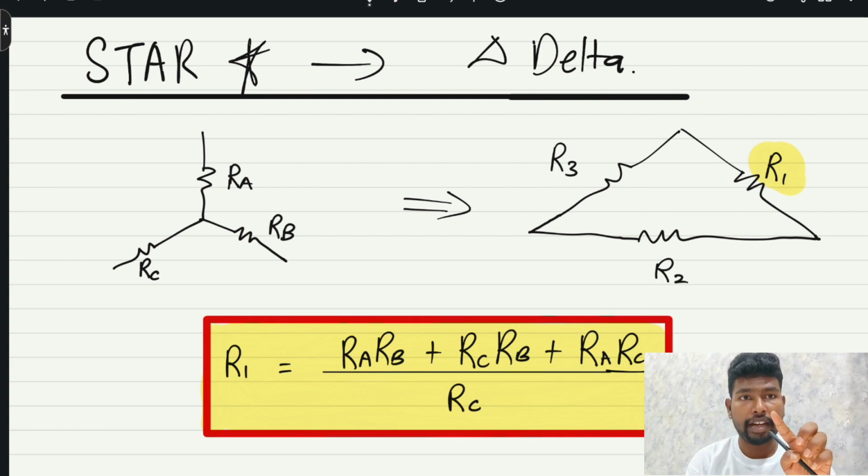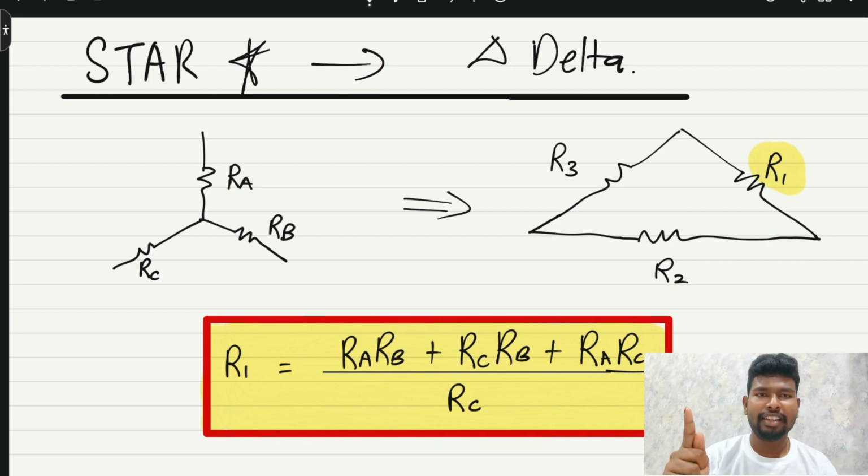For example, RA RB is a pair, RB RC, RC RA. There are only three combinations you can form, followed by the opposite of R1. How to form the opposite? Let's look at it.